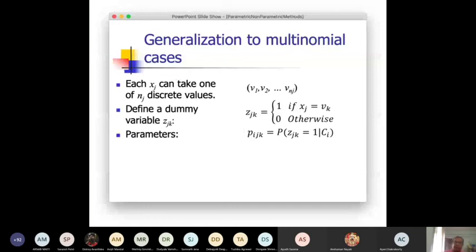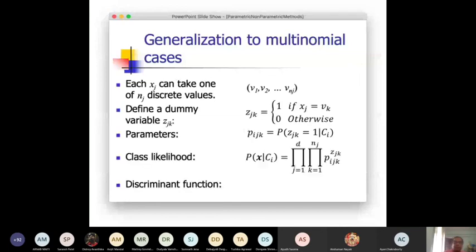Then you consider each of the D attributes, so there will again be D product terms. If you use this expression, then this becomes your discriminant function, and again it is linear over zjk.